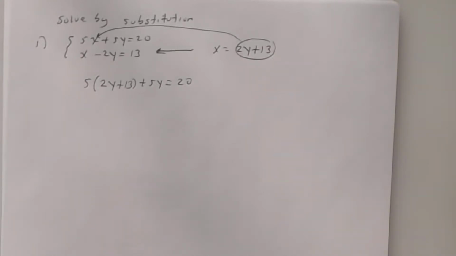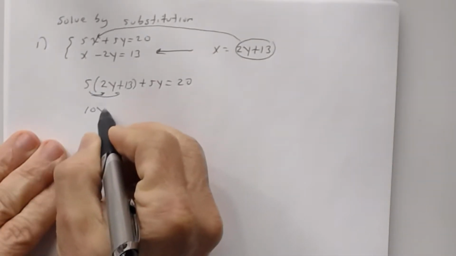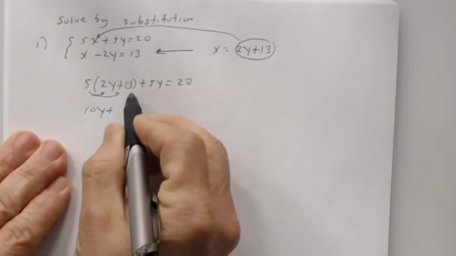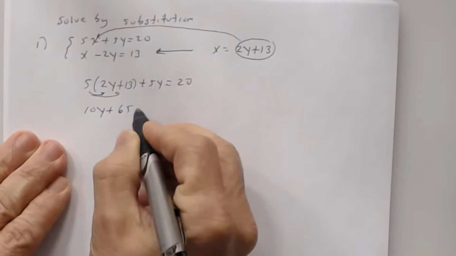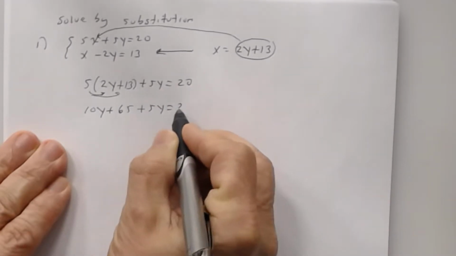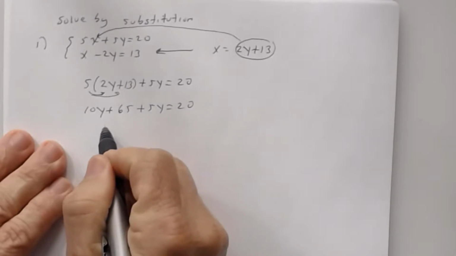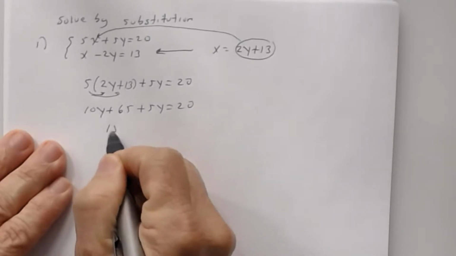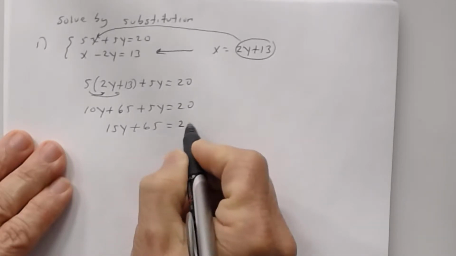So how do you solve this linear equation? Distribute the 5. I get 10y + 5 times 13 is 65, is that correct? Plus 5y equals 20. Then what? Combine like terms, I get 15y + 65 = 20.